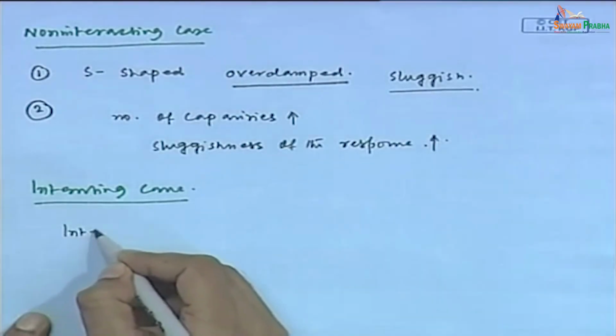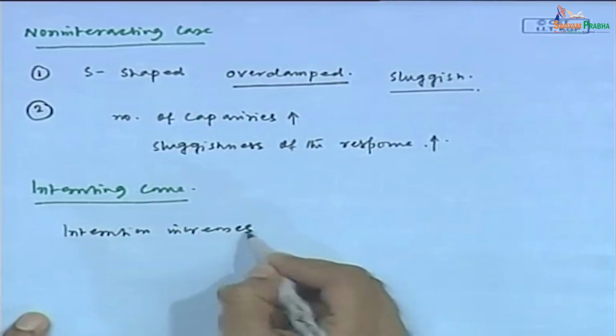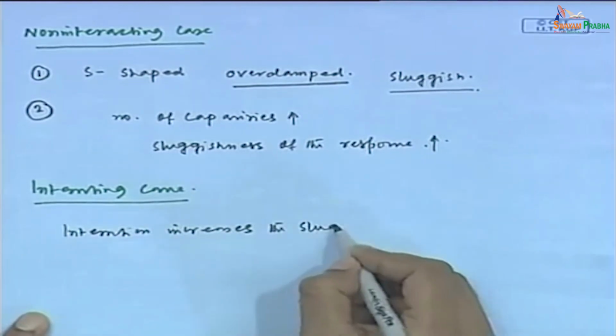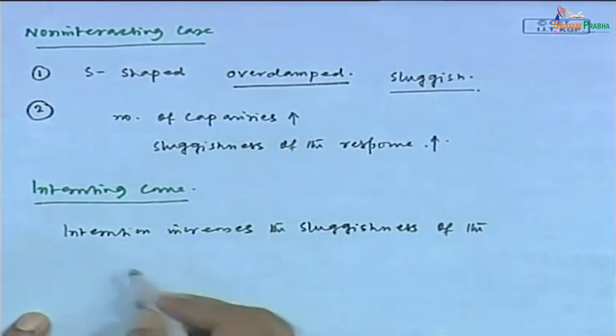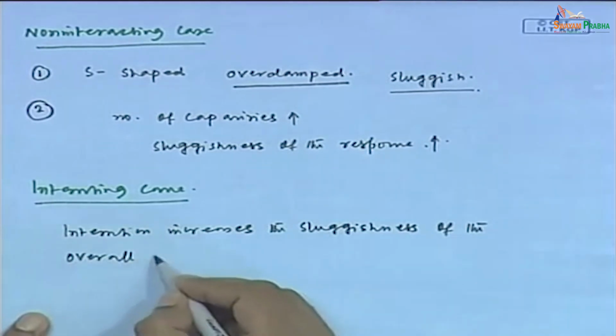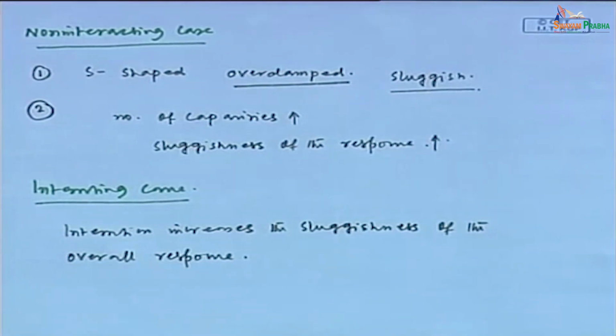Two interacting tanks. So we can conclude that interaction increases the sluggishness of the overall response. Fine. This is the conclusion we can draw for the case of interacting tanks system.